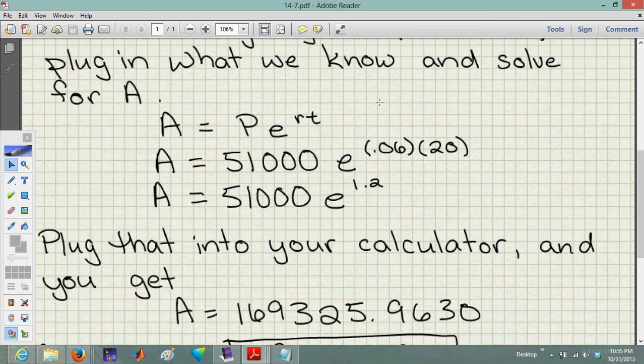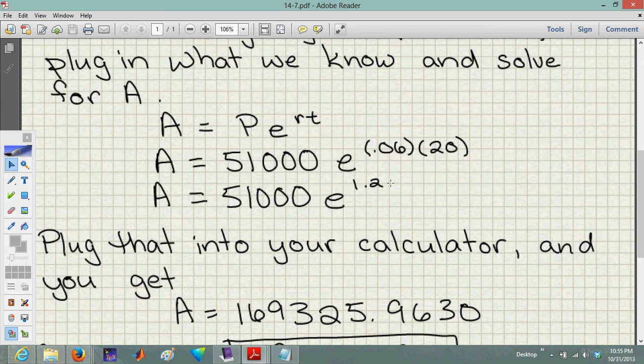Don't let me catch you plugging a 6 into this exponent here. 6%. So 0.06 times T, which was 20 years. Okay? So if I multiply these two things together, I get A equals 51,000 times E to the 1.2. I just multiplied 20 times 0.06, and that gave me the 1.2.